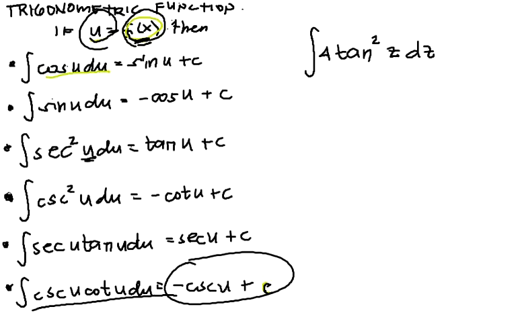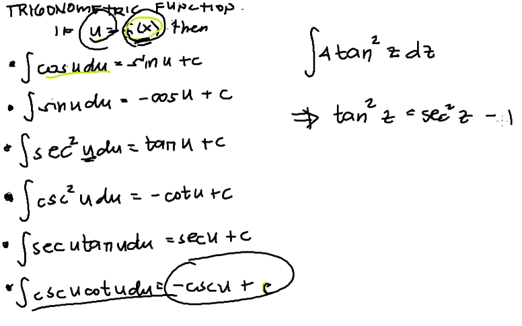Say you already know that the identity containing this tangent square can be written, or it is also equal to secant square z minus 1.